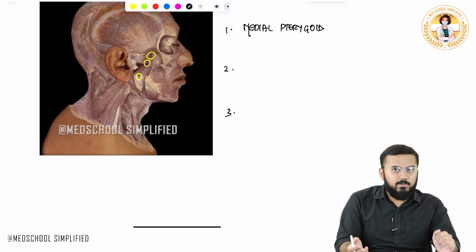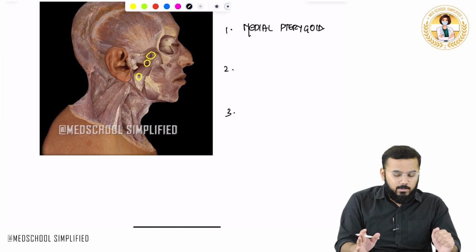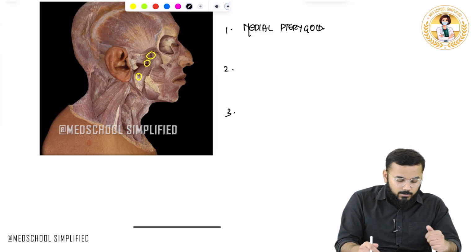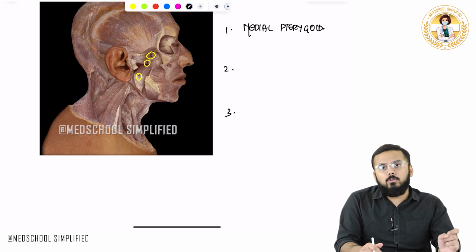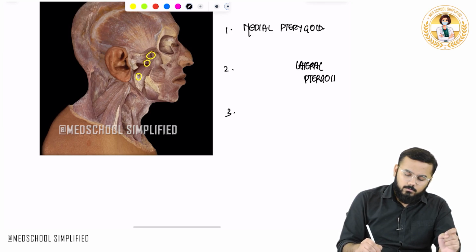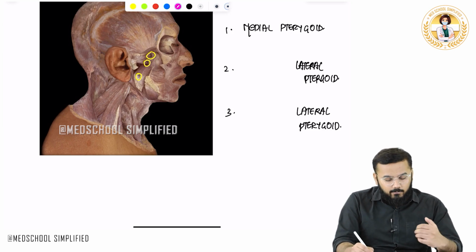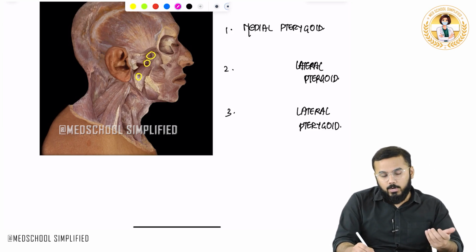If you remember the previous lecture, then you will understand it better. Infratemporal fossa. There I have explained the muscles that are associated with this infratemporal fossa. This muscle number 2 and 3, both of them are lateral pterygoid. Now out of both lateral pterygoid, one is called as a superior pterygoid, another one is called as inferior.